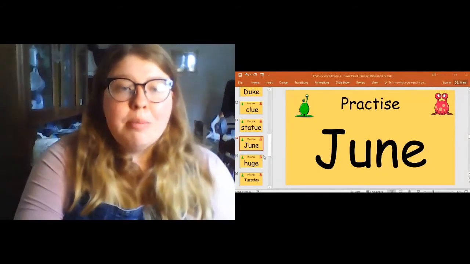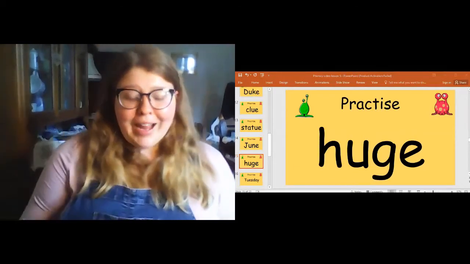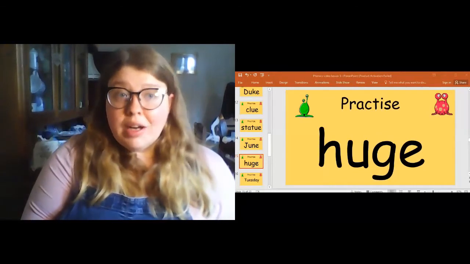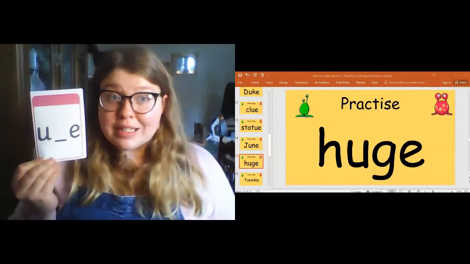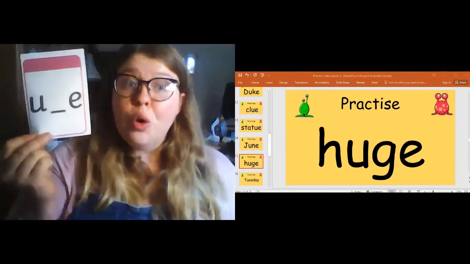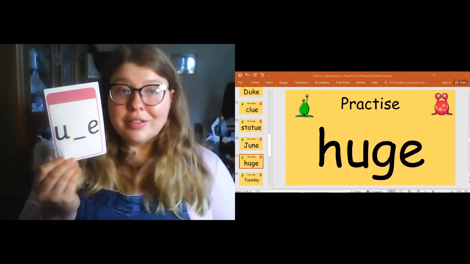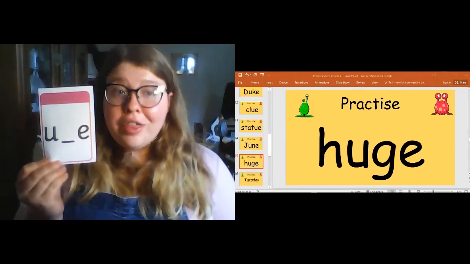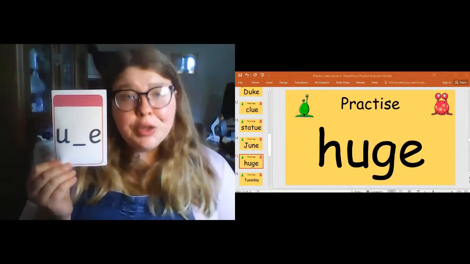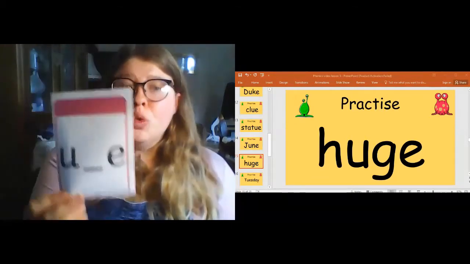Last word, and then we're moving on to our day of the week. Okay? Last one. I see that split digraph, and you need to decide, is it going to be the oo or the u? Okay. This time, it's the u sound. So it's h, u.